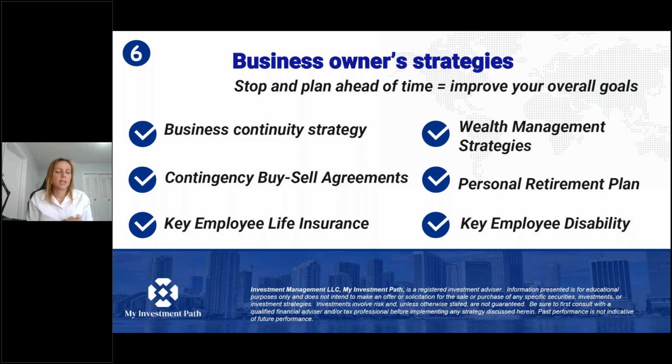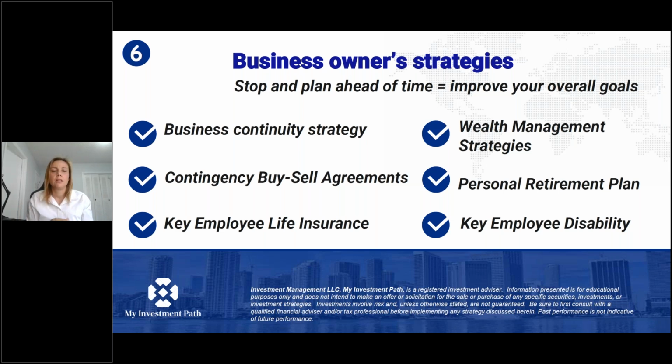And there are ways that you can set up some strategies, in a way that the ownership doesn't go to your relatives. The ownership goes to a business partner. For instance, I'm going to talk about contingency buy-sell agreements. Let's say you have a partner in your company, or 3 partners.